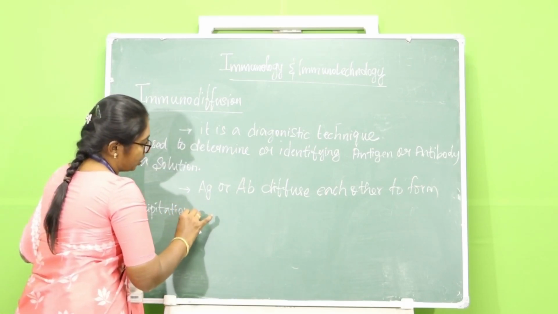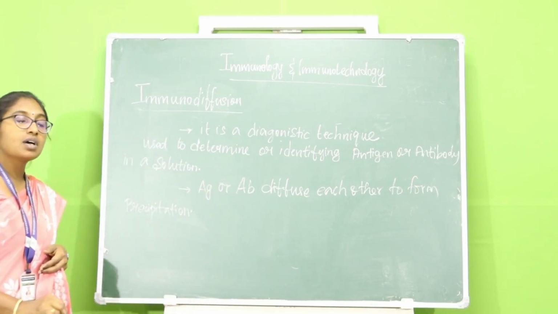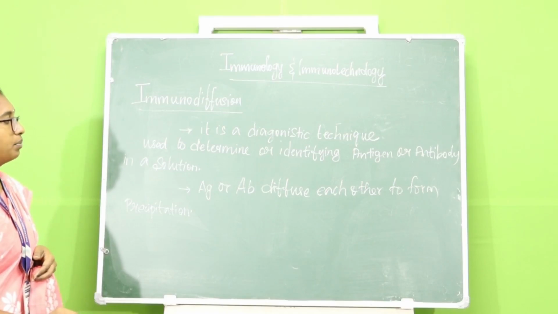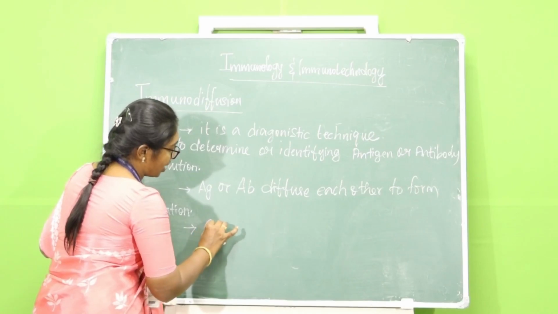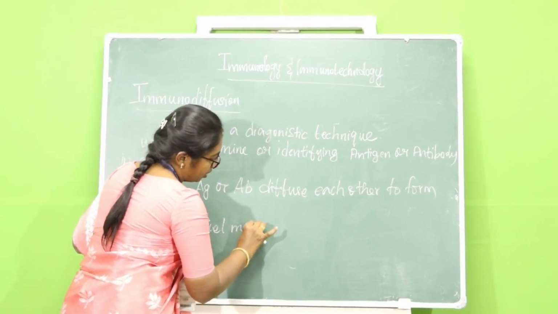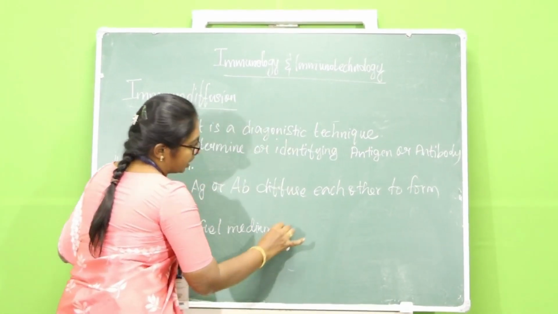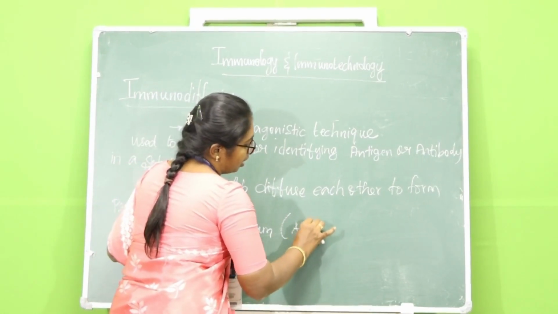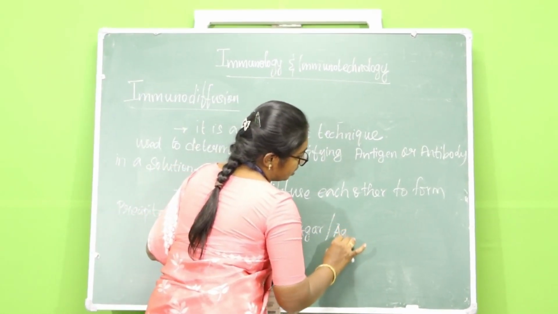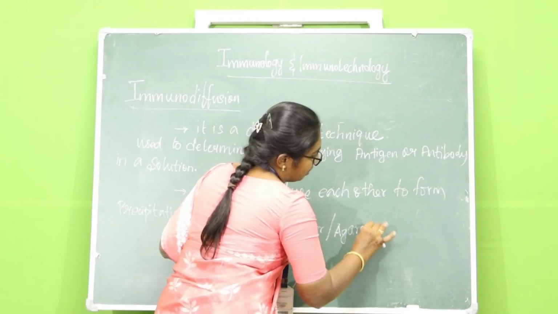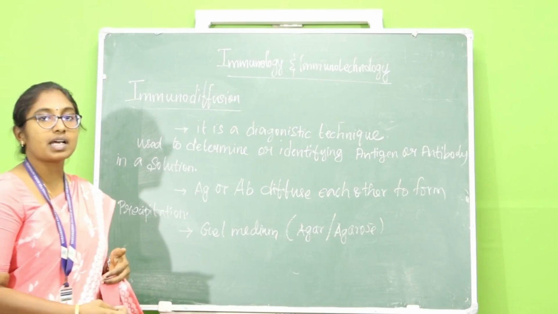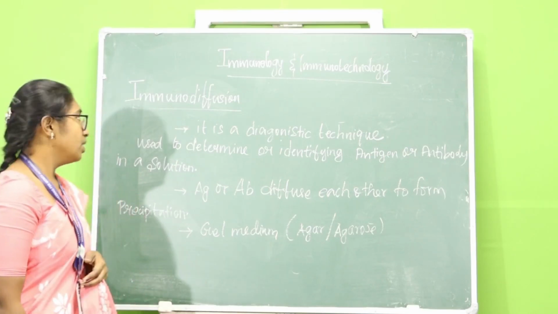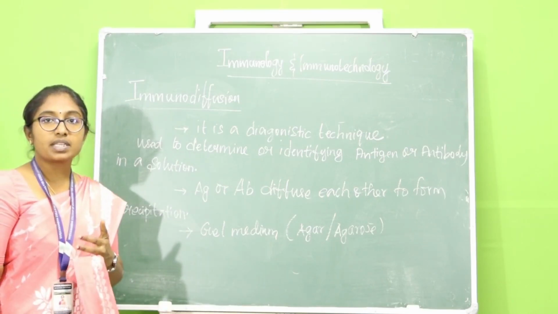From the precipitation, we can identify the presence of an antigen or an antibody. So how does it diffuse? It diffuses in a gel medium. Usually we use either agar or agarose as a medium where the antigen and antibody diffuse, interact, and form the precipitation. This is the main principle behind immunodiffusion.